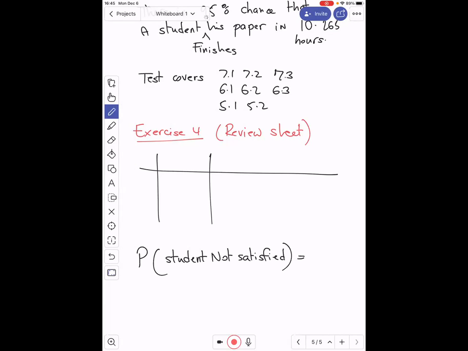So to find the probability, all we have to do is take the frequency of the event over the size of the sample.